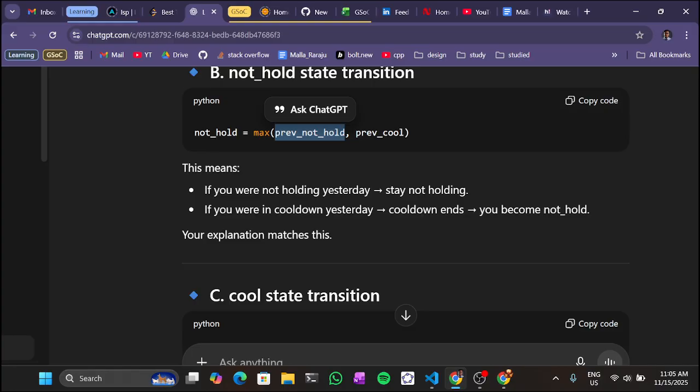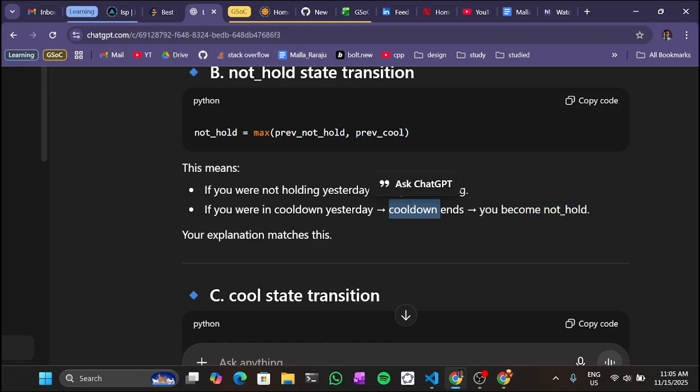So from here, if you are not holding yesterday and you choose not to hold today too, if you were in cooldown yesterday, cooldown ends today, and you are not holding. Okay.